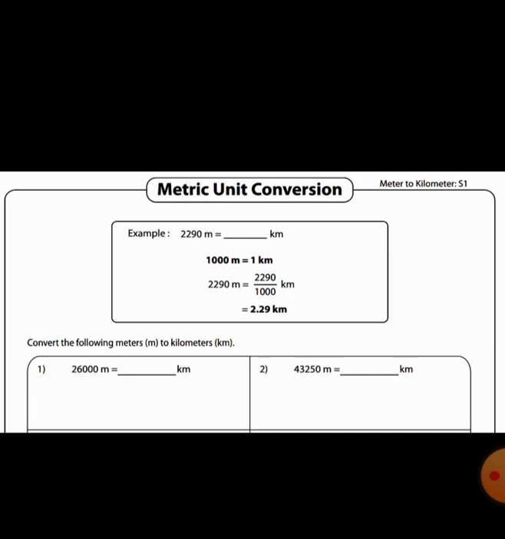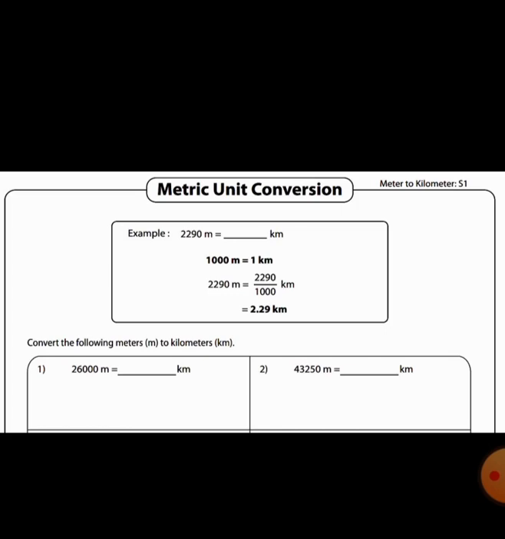Now look at our next one: 43,250 meters. No matter how big the number is, as long as you divide by that 1,000, we will get our kilometers. So we go back 3 times, or you can use your calculators. Going back 3 times, you would start from your 0 and move back 3 times, and so your decimal point would fall between the 2 and the 3.